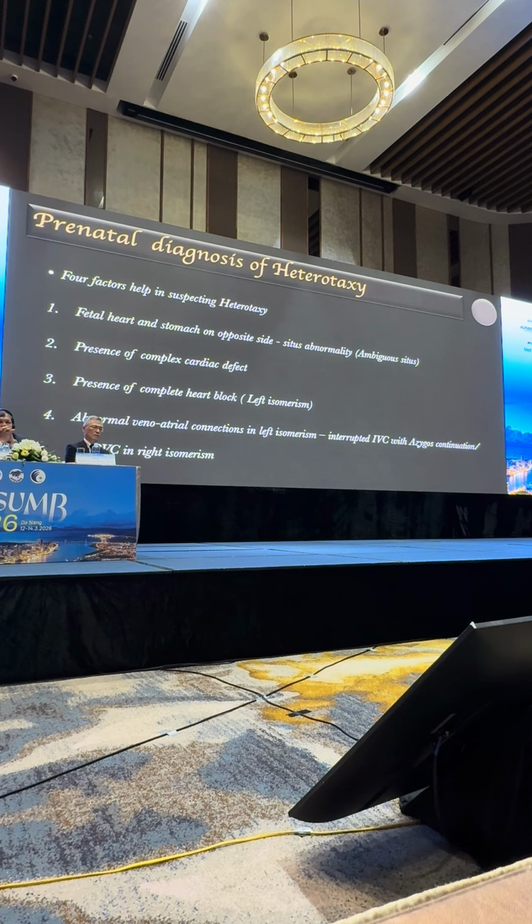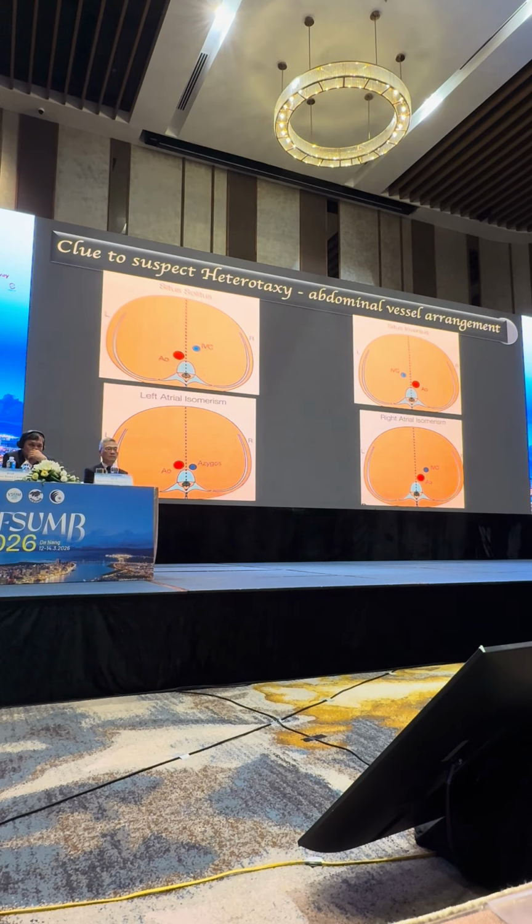So these 4 factors will tell you that you are dealing with heterotaxy. Now, this is a simple way of identifying it. When you start evaluating, as I said, the first section which you are going to take is the upper abdomen of the fetus. In the upper abdomen, normally the aorta is to the left of the vertebral body, and the inferior vena cava is to the right and anterior to the aorta. Whereas in a situs inversus, it will just be a mirror image.